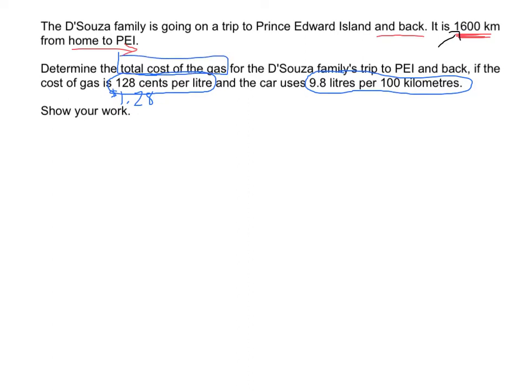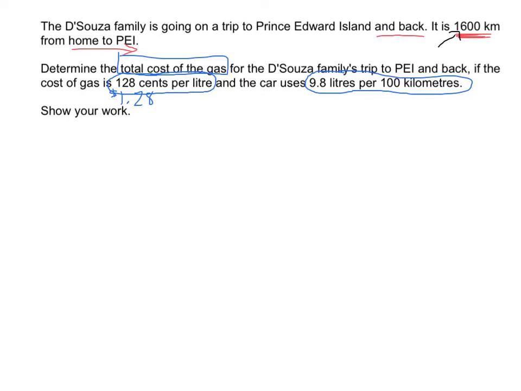Well, let's start by writing down some rates that we know, since today we're going to be solving this question using unit rate. Do you remember what rate means? Rate is a certain quantity that's considered in relation to another quantity. So what are the two quantities here that are related to one another? Do we have more than one rate in this question?